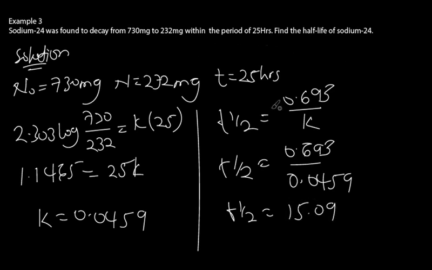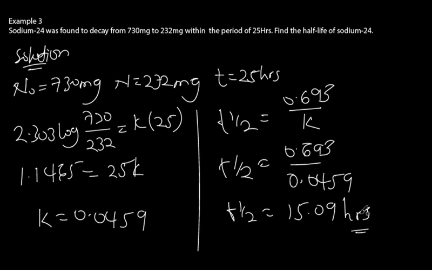The time we are given is in hours, so the half-life is 15.09 hours. Which means the time it will take for sodium 24 to decay to half the initial amount is 15.09 hours.